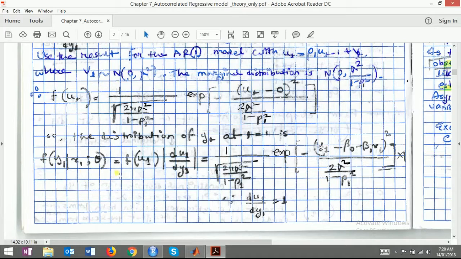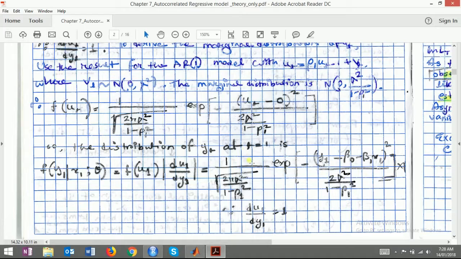F of y1 conditional upon x1 for all parameters is equal to the function of u1 multiplied by dy1 by du1, where we put the function of u1, which is simply 1 by root over twice pi sigma square by 1 minus rho square, exponential of, instead of u1 we put the value of u1, which is y1 minus beta naught minus beta 1 x1, whole square, divided by 2 sigma square over 1 minus rho square.